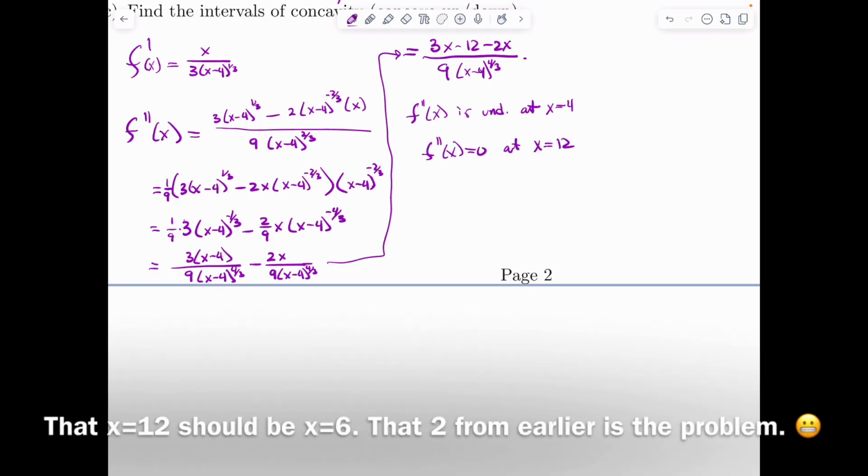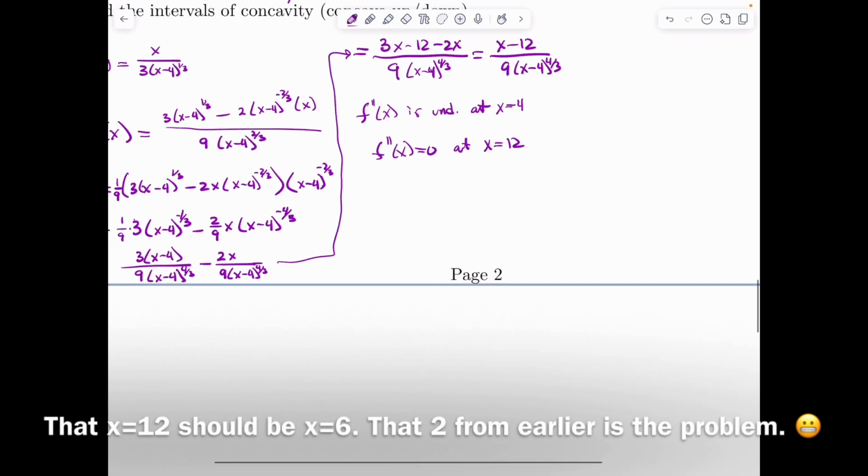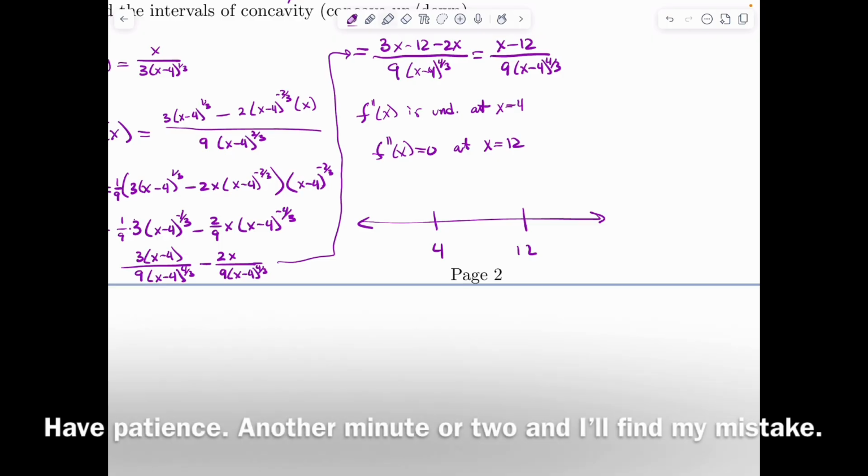I'll just do this. So all that's left is to figure out what's happening to the second derivative on each of these intervals.